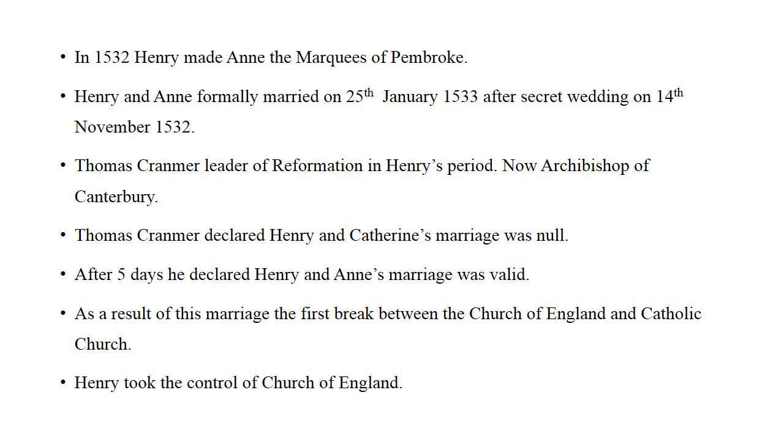As we have seen before, while he wanted to get divorced from Catherine, he broke the rules. He is the head of the Church of England. In the second marriage, we can see he has taken the entire control of the Church of England in his hand.